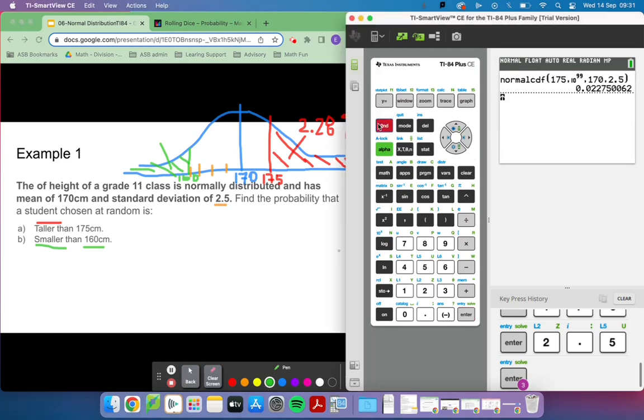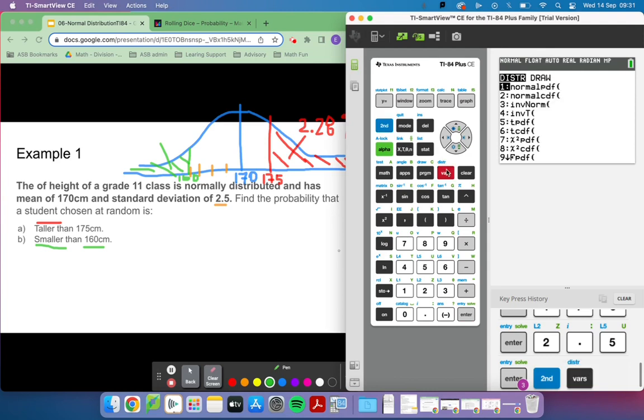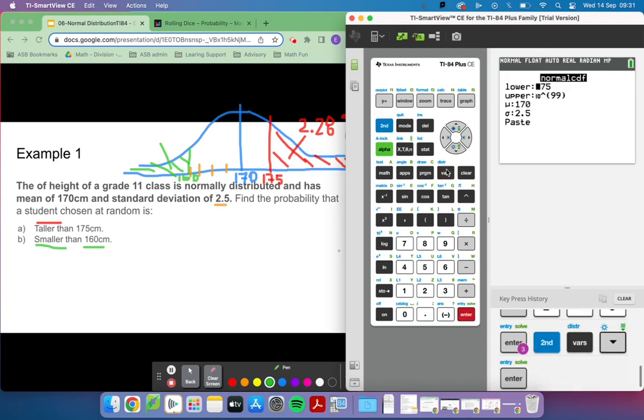In our calculator, we're going to go second function var. We're looking for a probability, so the second option. My lower bound in this case is a very, very small number. For a very small number, I like to put negative. So let's use the negative sign. Again, 10 to the power of 99. So that's a very small negative number.